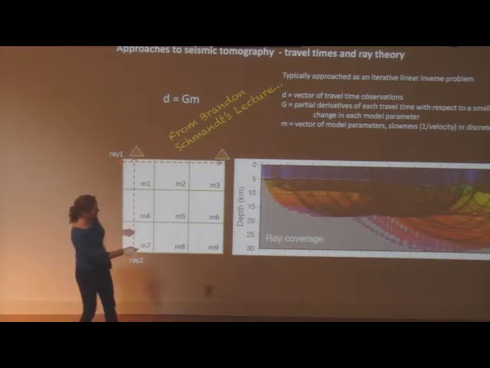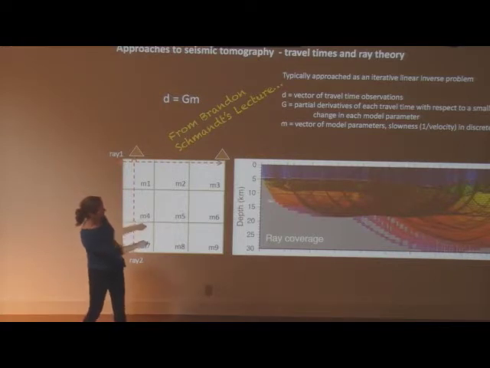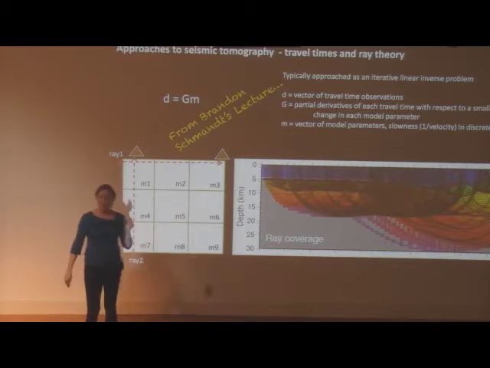You've got a lot of turning waves in the upper part of the crust, reflections off the base of it, and then refractions through the underlying crust. So you can have a trade-off in velocity within the lower crust between how thick you make it and what its velocity is.